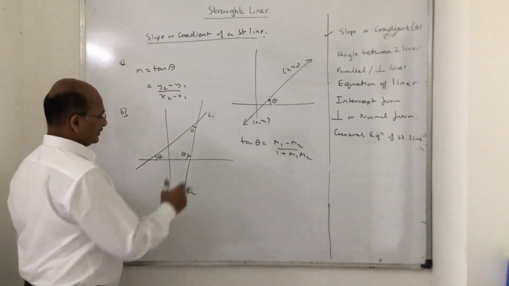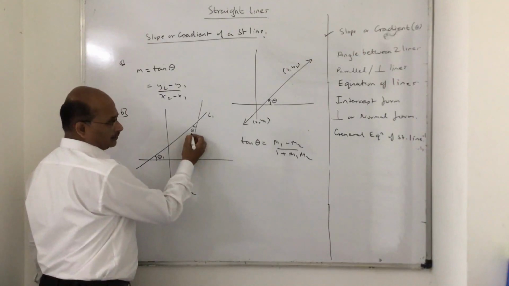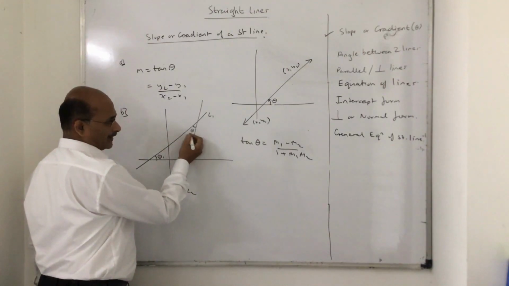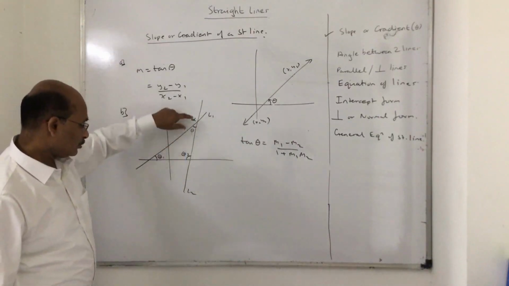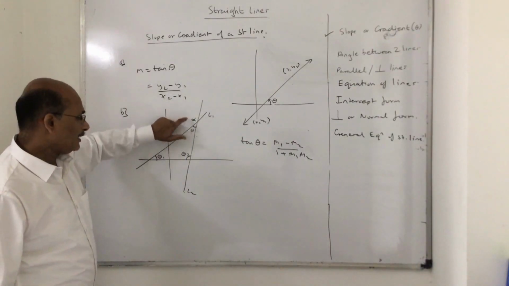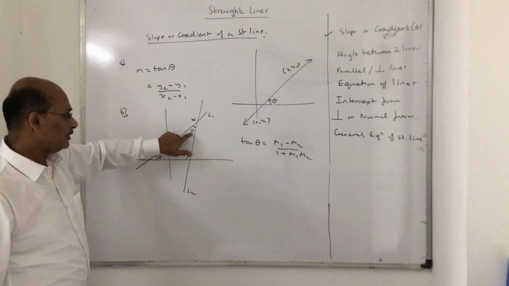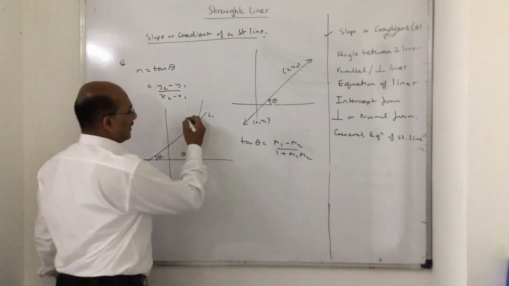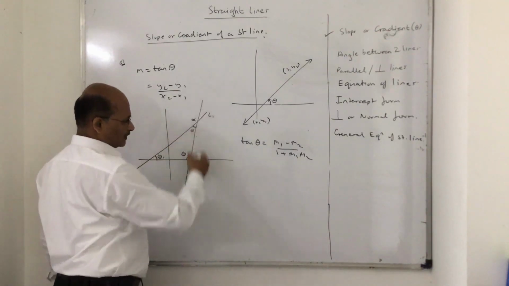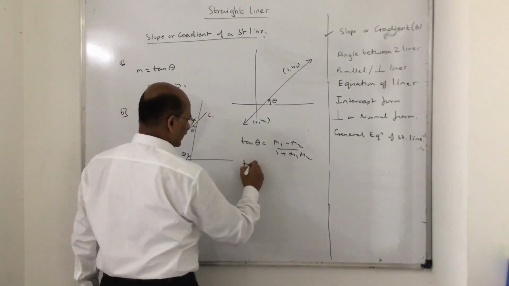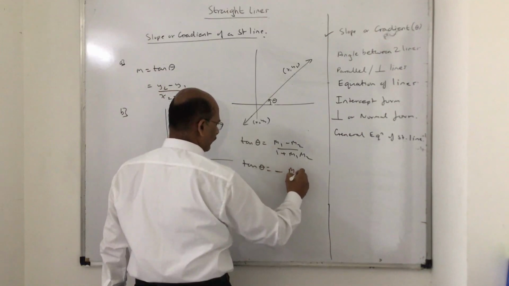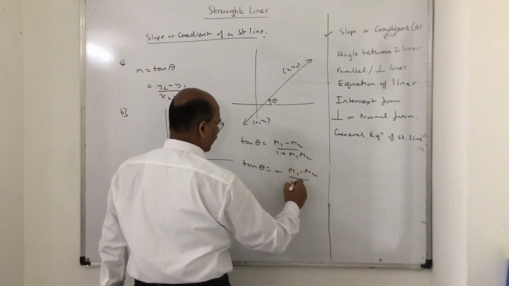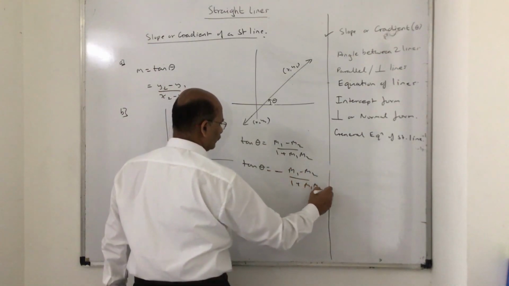But this is an angle theta made by these two intersecting lines, and this can also be an angle made by these two intersecting lines. What is the difference between the angles? This is acute and this is obtuse. Whenever it is the exterior angle of this line, then tan theta is minus of m1 minus m2 upon 1 plus m1 m2.